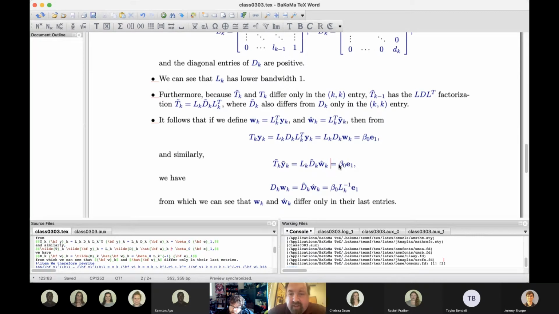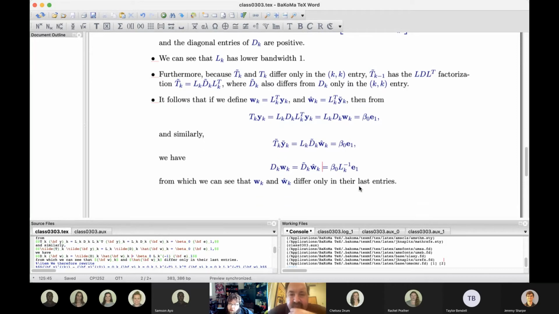Now, notice in both cases, I have the same matrix to the left, LK. So now I'm going to take LK and move it to the other side. In other words, I'm multiplying both sides by LK inverse. Well, the right sides are equal. So these are equal. And they're both equal to beta naught LK inverse E1. But the other thing is DK and DK tilde are diagonal, and they're the same, except for the last diagonal entry.